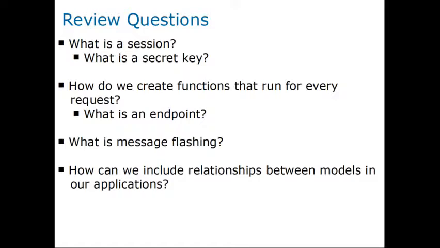And then last, but certainly not least, I believe the last video that you looked at today actually had a relationship between two models. You're building a task tracking application, where users could set up their own tasks. How did I make that relationship between the user and the tasks that they created?